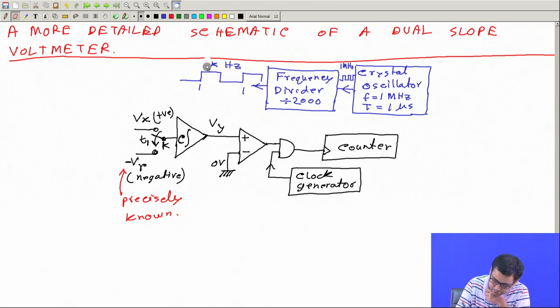Then this will be 0.5 kilohertz, and then this will be 2 millisecond. Okay. I do it on purpose so that the calculation becomes easy. So this is 2 millisecond, and then this half of it is the on time. Okay, from here to here, this will be 1 millisecond. So this is 1 millisecond, and here another 1 millisecond.